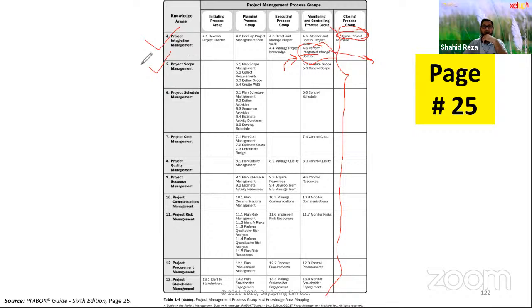If you see the names of these knowledge area processes, you will find that they are not talking only about integration management. This knowledge area is covering the whole project. And this is obvious because integration management is the knowledge area which unifies, coordinates, communicates, and manages everything of the project.